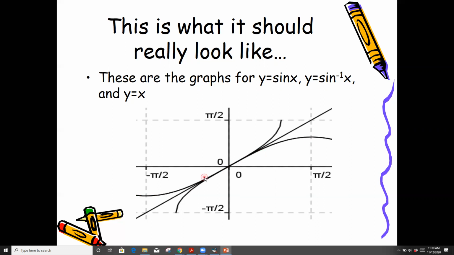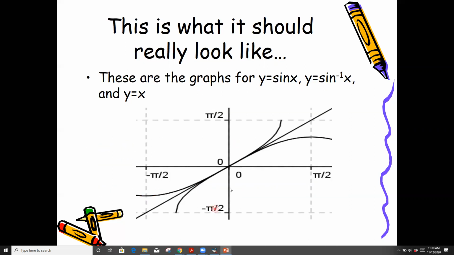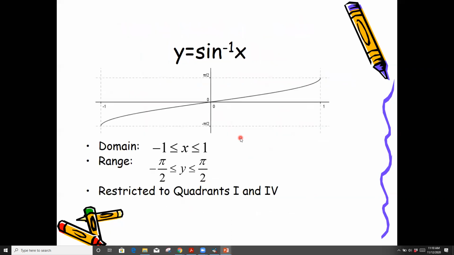This graph looks weird because notice how the y-axis is in pi over 2 and negative pi over 2. Normally our y-axis is going to be 1 and negative 1. If we take those points and switch x and y, that's all this sine inverse is going to look like, this part right here. So that's y equals the sine inverse of x.